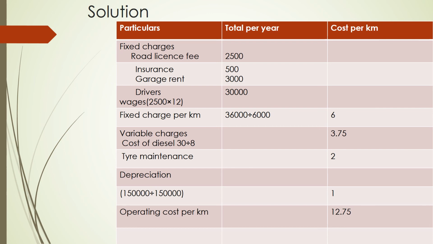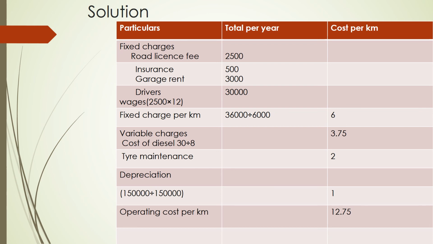Then the variable charges, that is cost of diesel. Here the cost of diesel is rupees 30 to get a mileage of 8, so the per kilometer rate of diesel is 30 divided by 8, which equals 3.75. Tire maintenance is directly given, rupees 2.